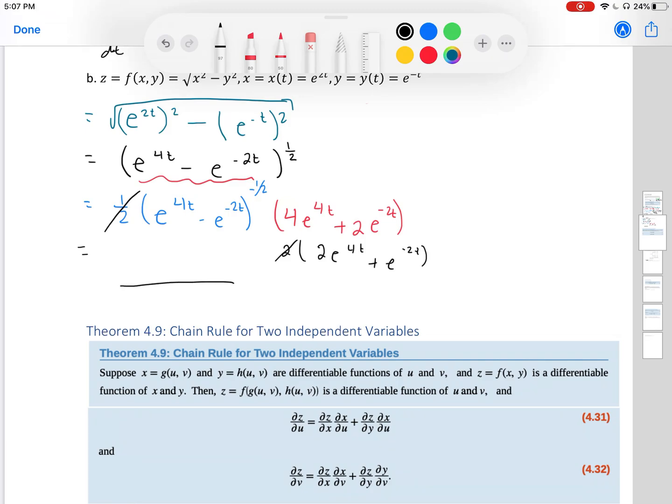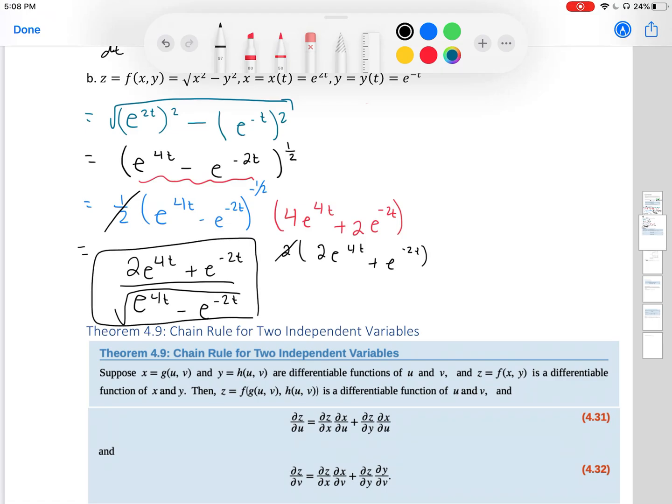So we're left with e to the 4t minus e to negative 2t with a radical. In the numerator, I have 2 times e to the 4t plus e to negative 2t. And that is our answer. That is our dz dt.